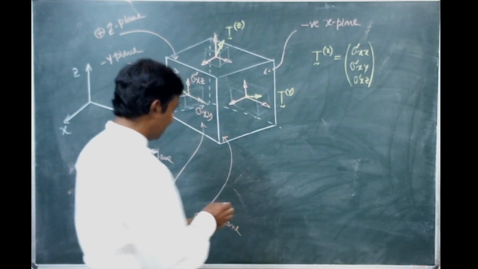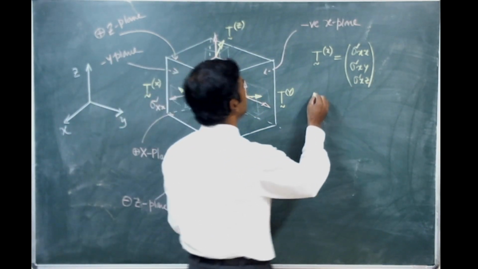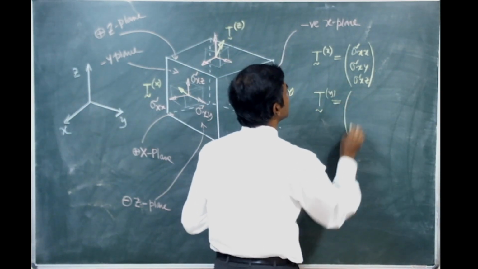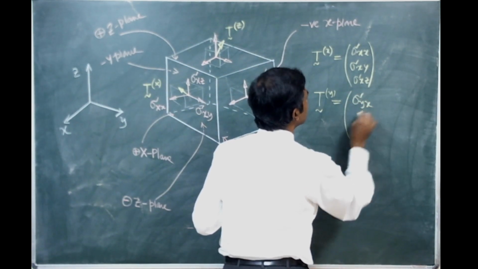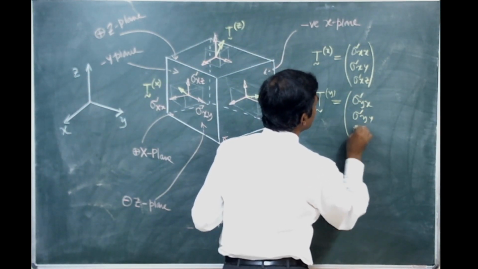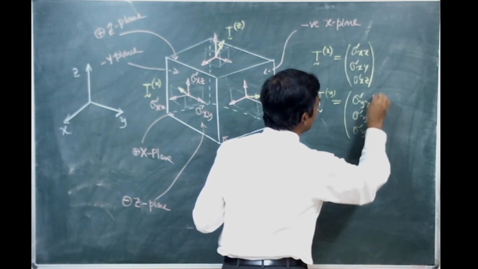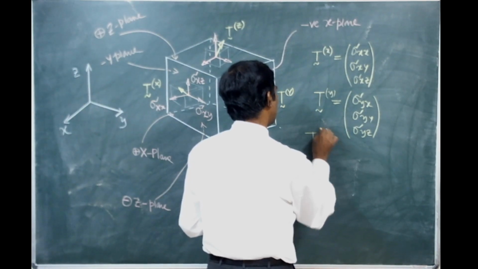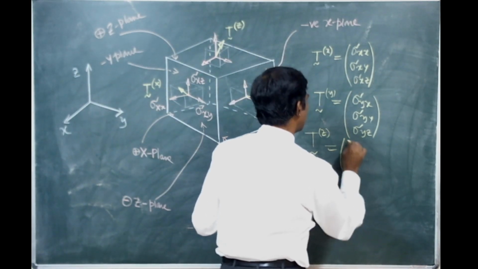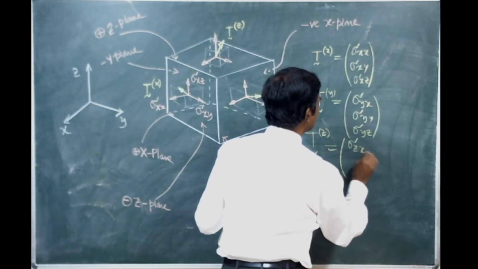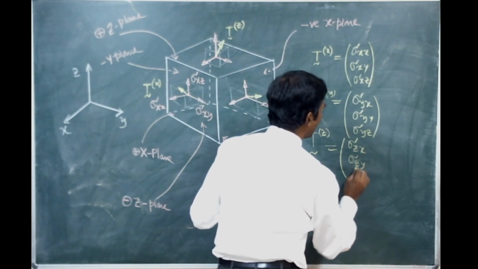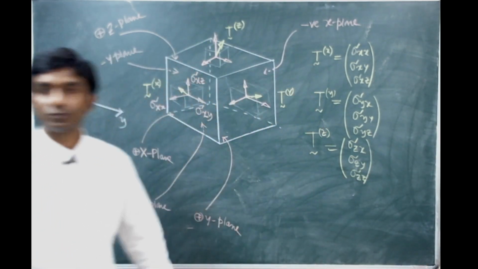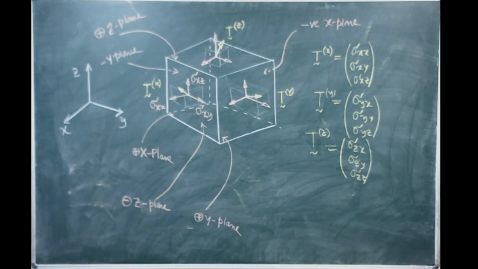The same thing we can follow for the other tractions: sigma yx, sigma yy, sigma yz, and for Tz we say sigma zx, sigma zy, sigma zz. This way we resolve the components.